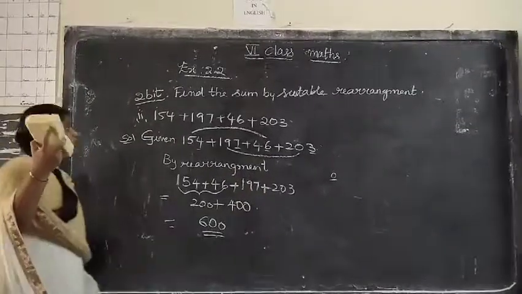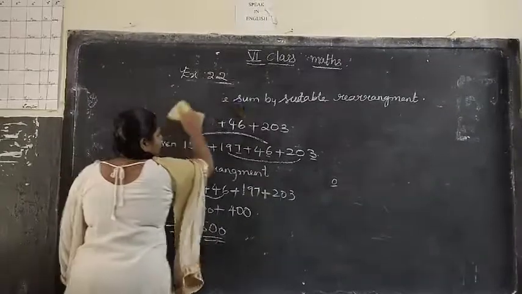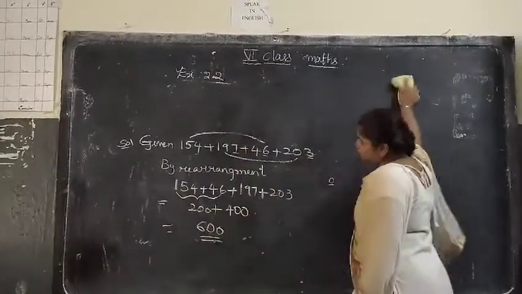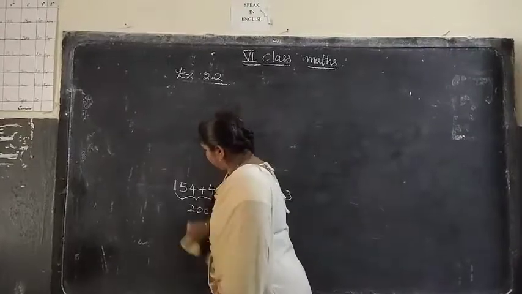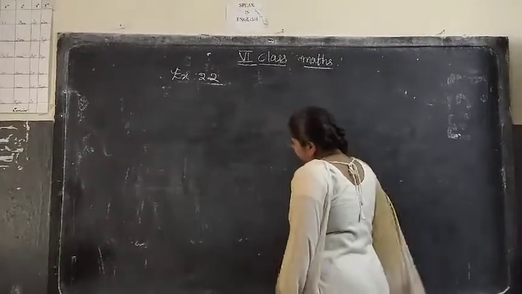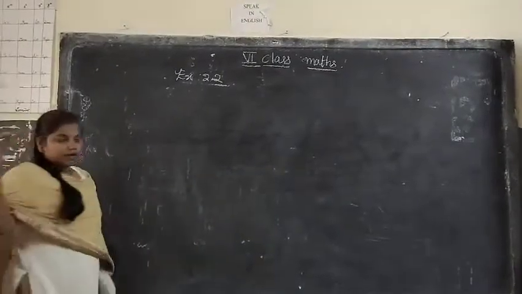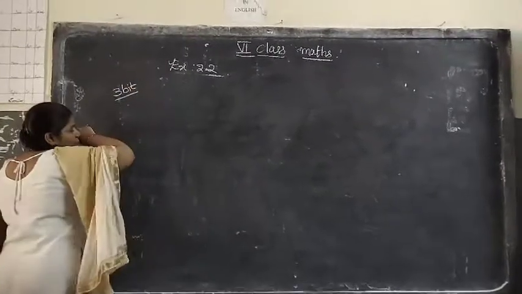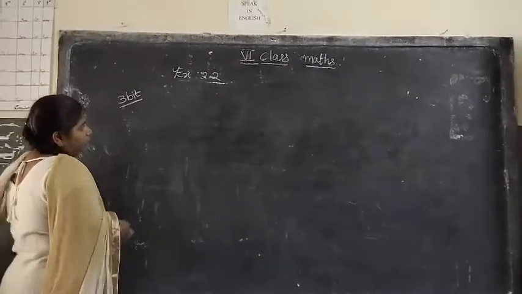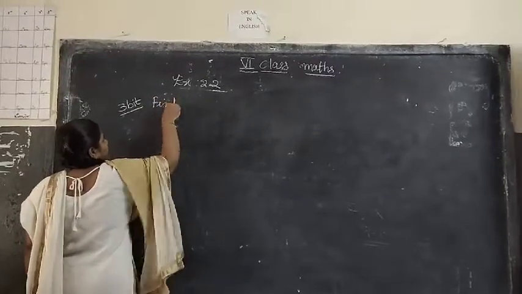Next is find the product by suitable rearrangement. Now we have to find the product. Before, we found the addition, that is how to do the sum. Now we are doing the product.